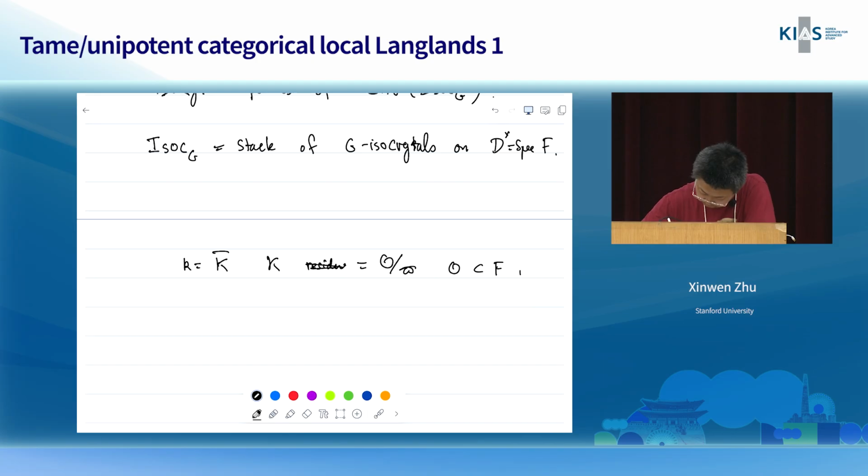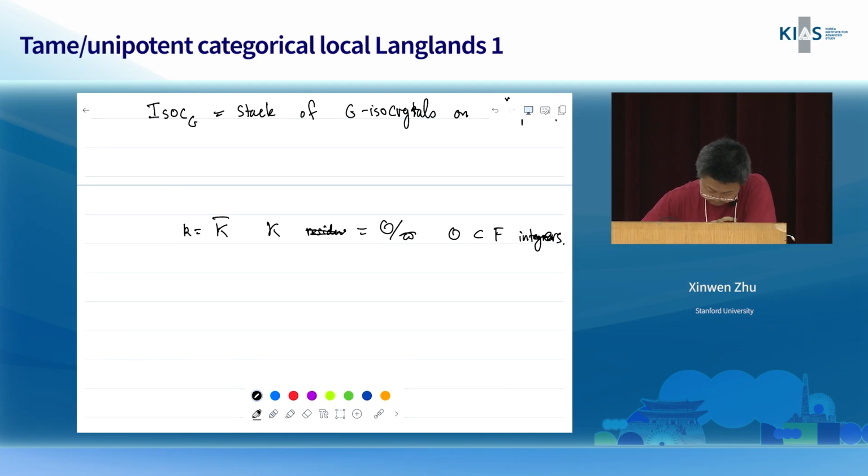Precisely, Isoc_G is a functor, a so-called prestack.